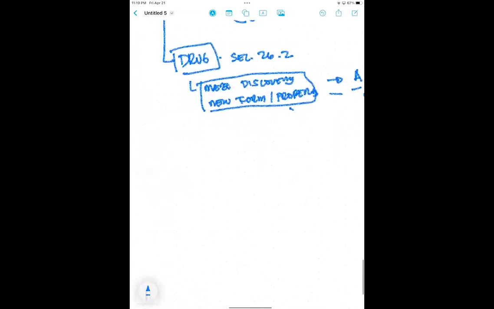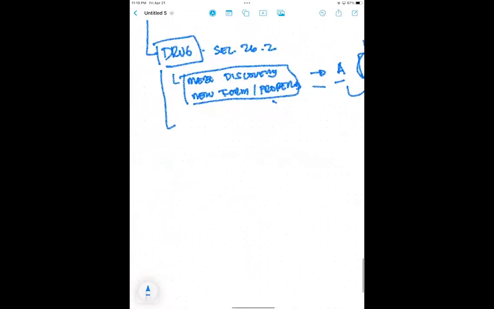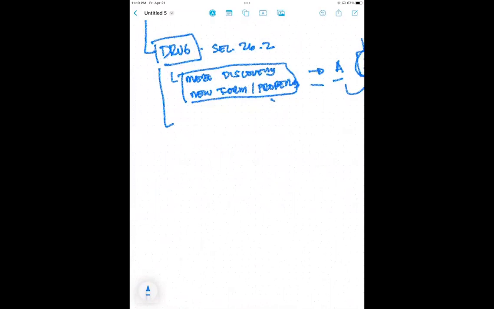Do not be mistaken to say that drugs are not patentable. It is patentable as long as it contains all the elements of patentability. Now, Section 26.2, however, says that meron siyang inventive step if the process involves an improvement.